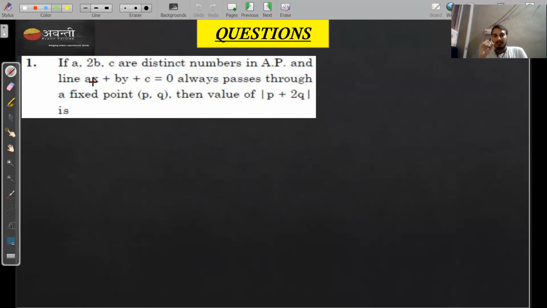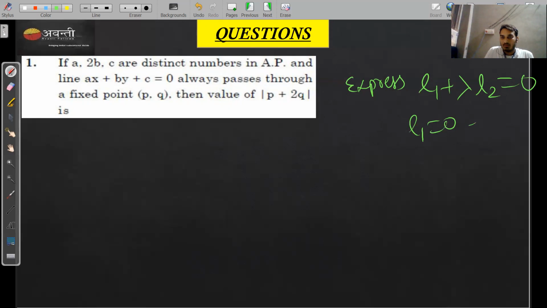Whenever this type of thing is given, we all know that we have to express the line in L1 plus lambda L2 form, L1 plus lambda L2 equal to 0. Then that line passes through the point of intersection of L1 equal to 0 and L2 equal to 0, right?